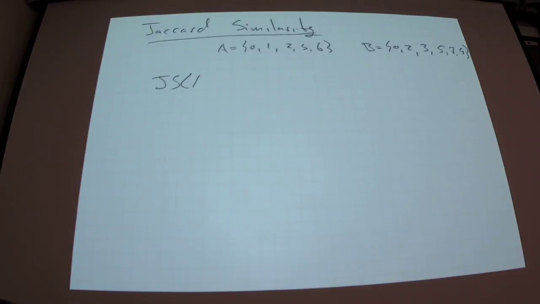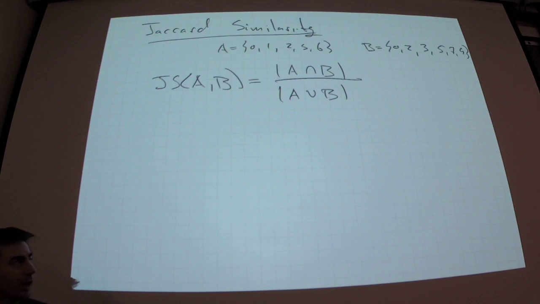Now, the Jaccard similarity of A and B is defined as the size of A intersection B divided by the size of A union B. When I write these vertical bars, they mean the cardinality, or the size, of the set.